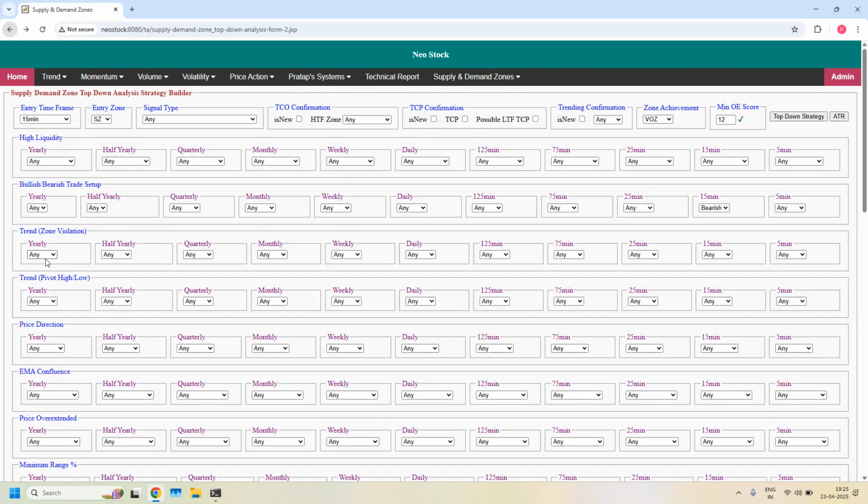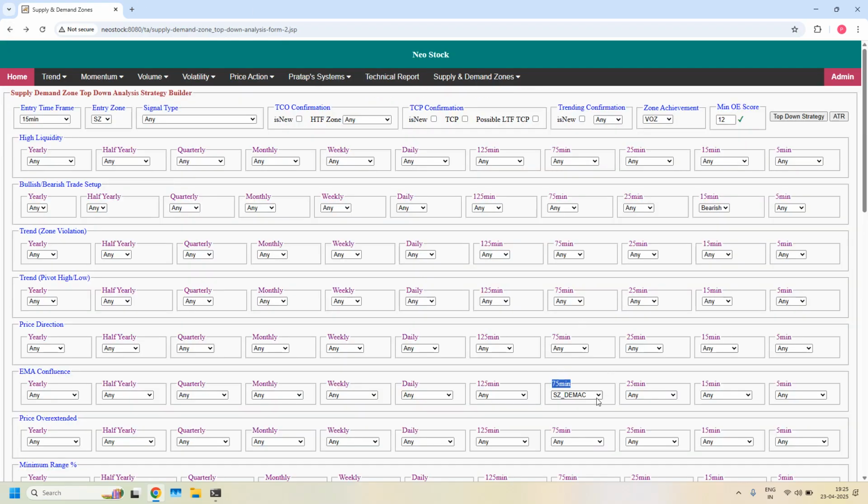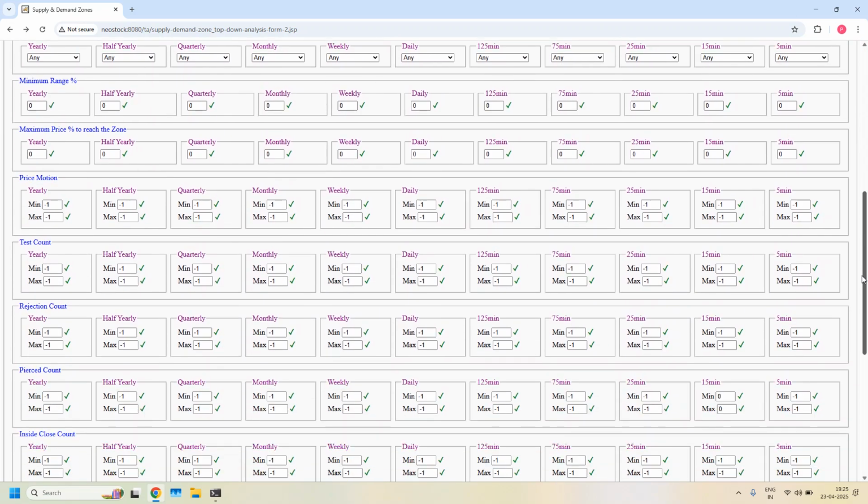Let's verify EMA confluence on the 75 minutes. 75 minutes supply zone having daily EMA confluence or not, we are checking. So we did not get any stocks. Okay, fine.